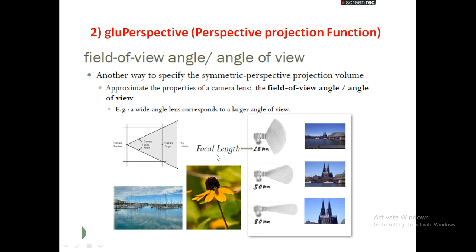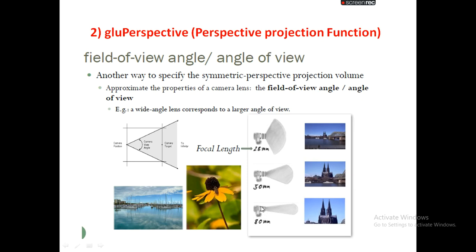Here you can see that if your real camera focal length is 28 mm, you will get a larger size image. If it is 30 mm, it means you are reducing the angle of view. If you are reducing the angle of view, the size of the object also decreases. Here our focal length in the real camera is 28 mm, 30 mm, here 80 mm.